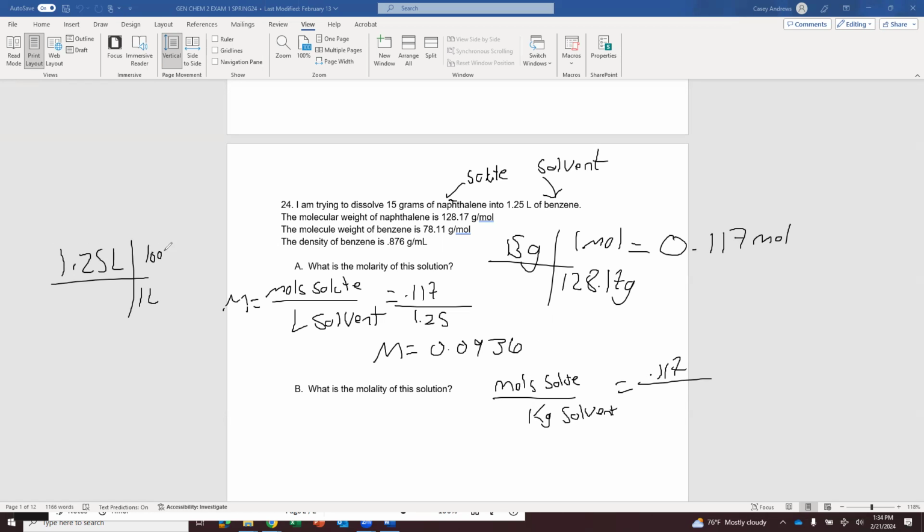That's 1,000 milliliters. 1 milliliter is 0.876 grams. There's 1,000 grams in 1 kilogram. Again, just like water, the thousands cancel out. So it's just 1.25 times 0.876. So the weight of this solvent is 1.095.